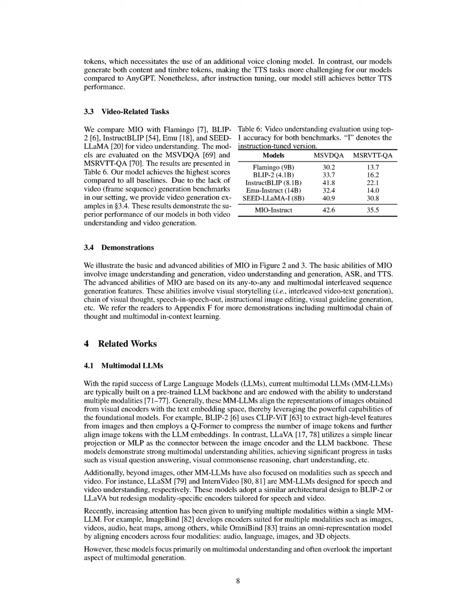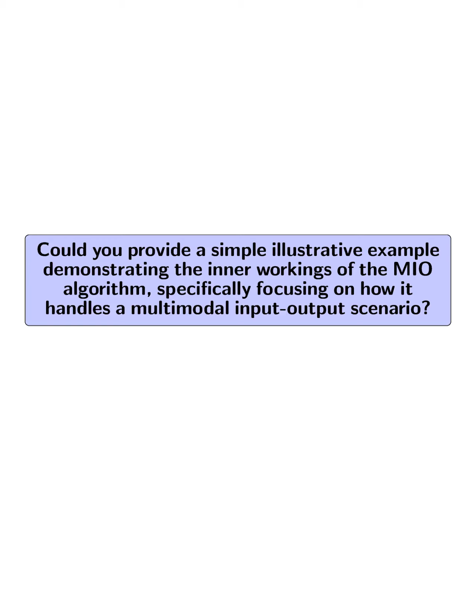Overall, MIO's architecture allows for seamless integration of multimodal understanding and generation, enabling it to produce interleaved sequences across text, images, speech, and video. Could you provide a simple illustrative example demonstrating the inner workings of the MIO algorithm, specifically focusing on how it handles a multimodal input-output scenario?